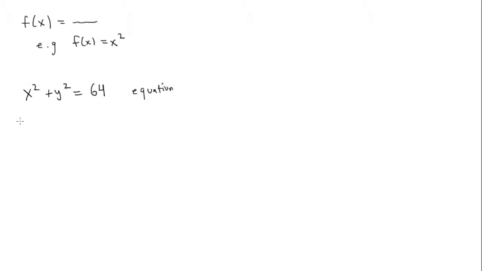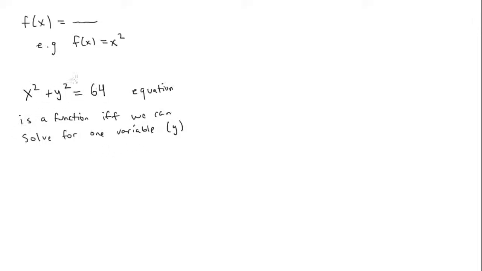Okay, so what we need to do is, this is a function if we can solve for one variable in terms of the others. And generally we'll solve for the variable y in terms of x, but it doesn't have to be that way.